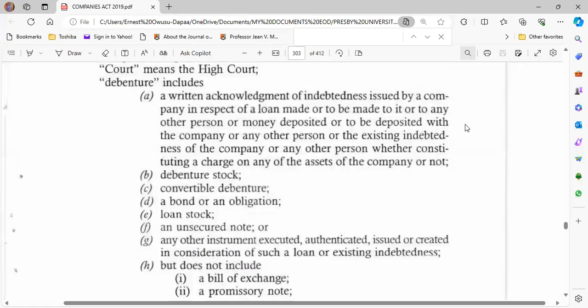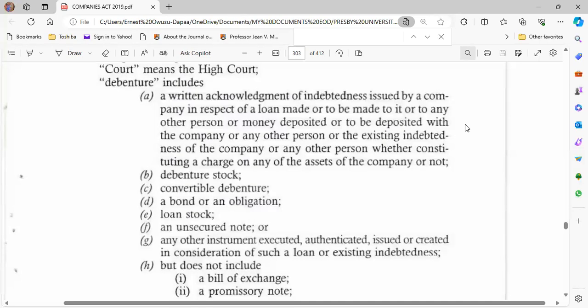Here, we are told that debenture includes a written acknowledgement of indebtedness issued by a company in respect of a loan made or to be made to it or to any other person or company, or money deposited to or to be deposited with the company or any other person, or the existing indebtedness of the company or any other person, whether constituting a charge on any of the assets of the company or not.